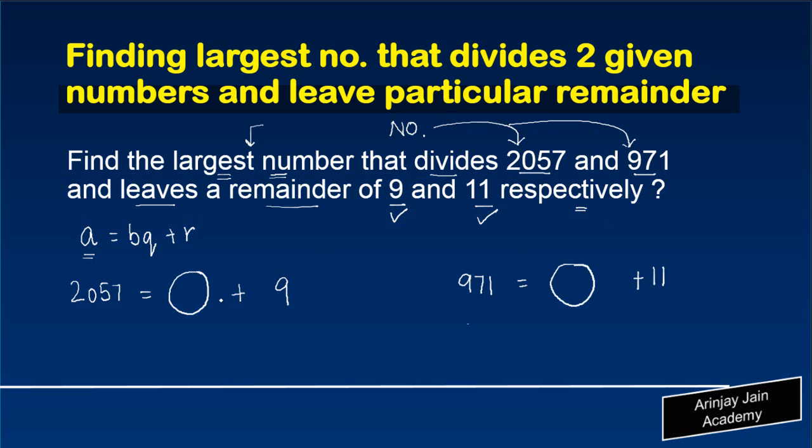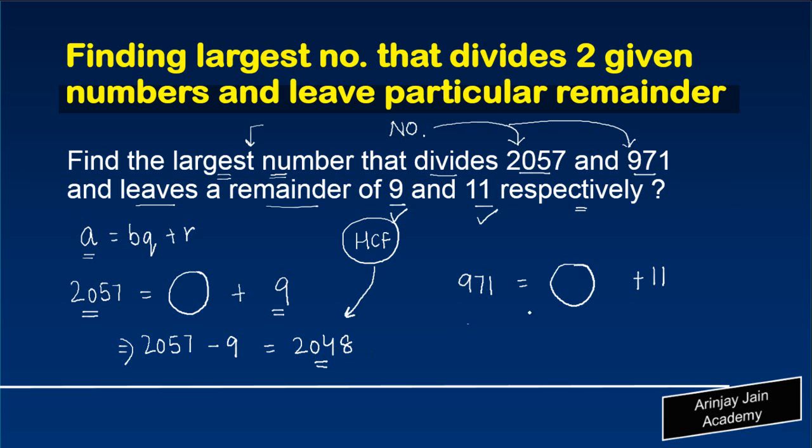But what you know is that if the number divides 2057 and leaves a remainder of 9, it implies that if from 2057 I subtract 9 and get 2048, whatever that number is, let's call that number HCF, highest common factor, this highest common factor would divide 2048 exactly.